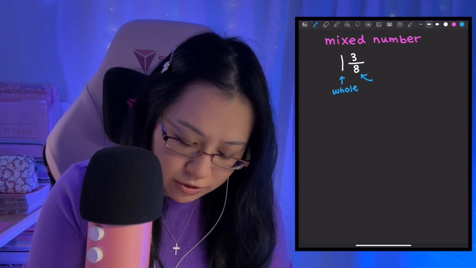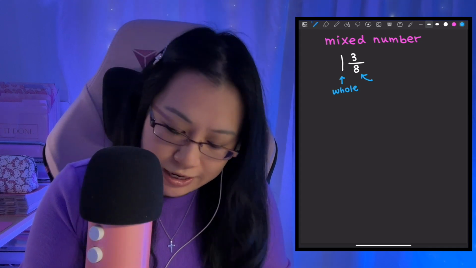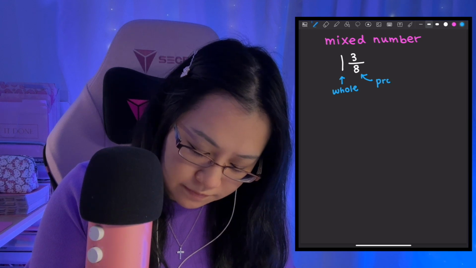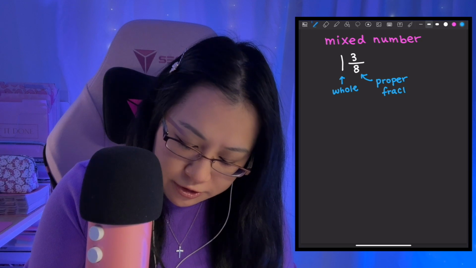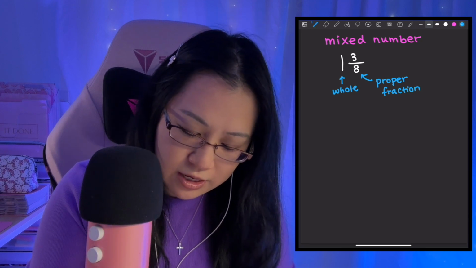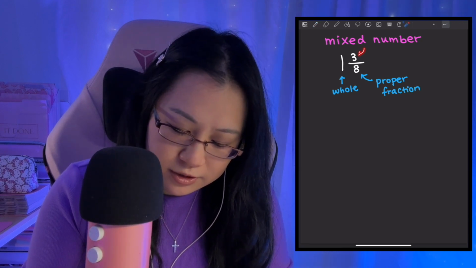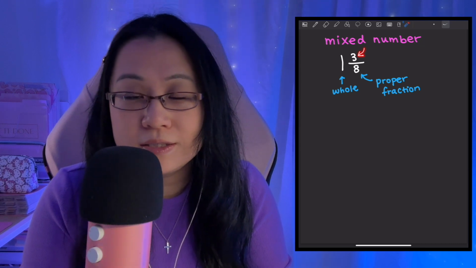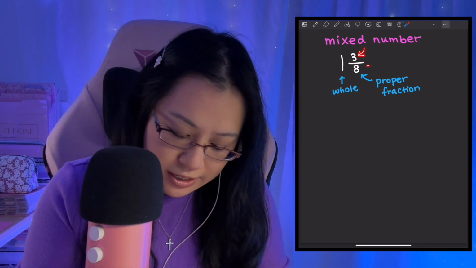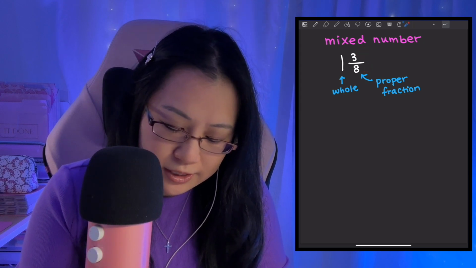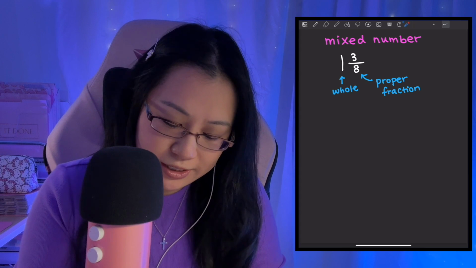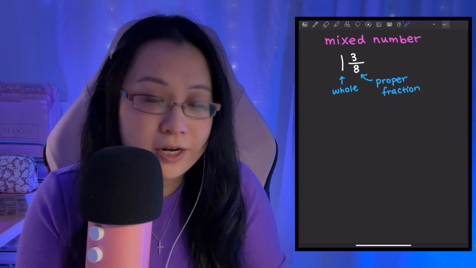This part, the 3/8 is a proper fraction. And a proper fraction just means that the numerator, this top number, is strictly less than the denominator, the bottom number. And so it has to be less than, as in it cannot be greater than or equal to.